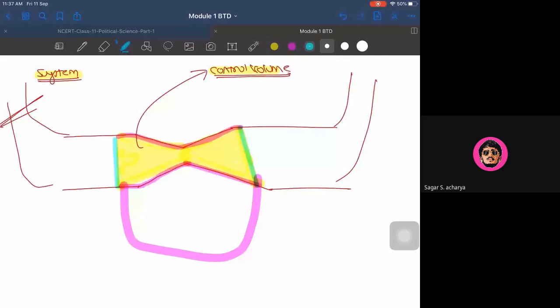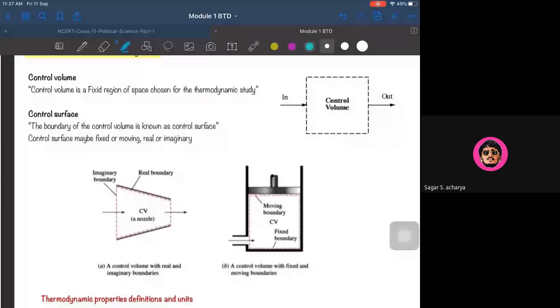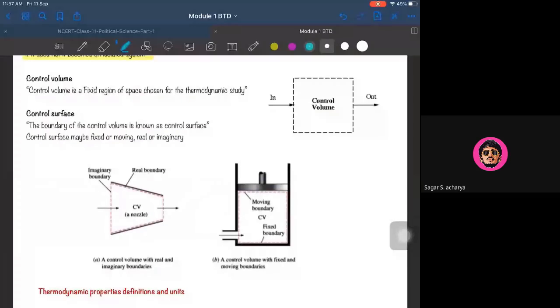So the surfaces might be real or virtual, or they might be moving or stationary. You can fix a particular region of space where you want to study the data, or you might change the surfaces with time. That is also possible. When you change the surfaces with time, you get two different aspects: one being a moving boundary, and the other a fixed boundary.